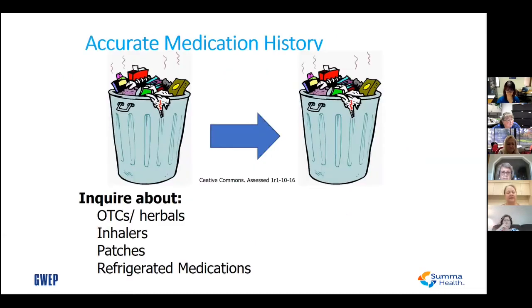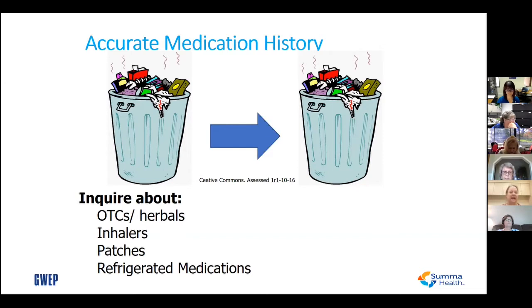When we're evaluating and trying to optimize medications, if we don't have good information to begin with, so we have a medication list that is not accurate, then we're not going to be able to do the optimization. We say garbage in, garbage out. Some of the things that get left off medication lists very commonly are over-the-counter medications and herbal medications.